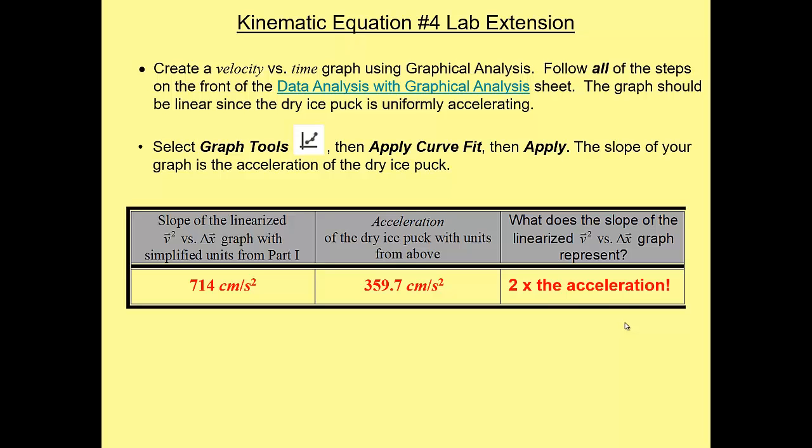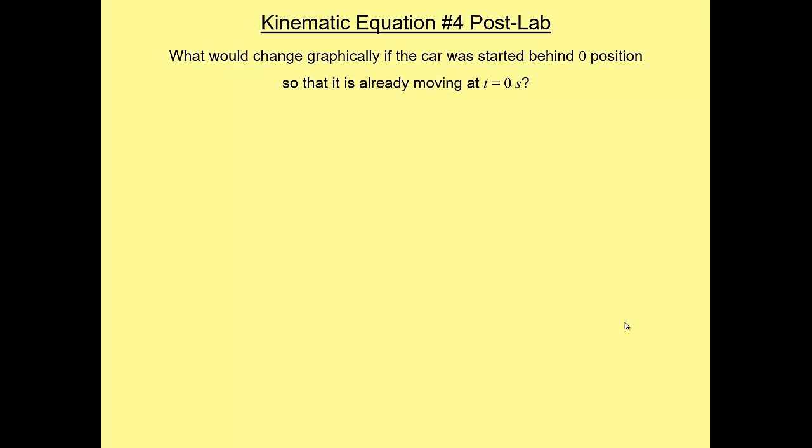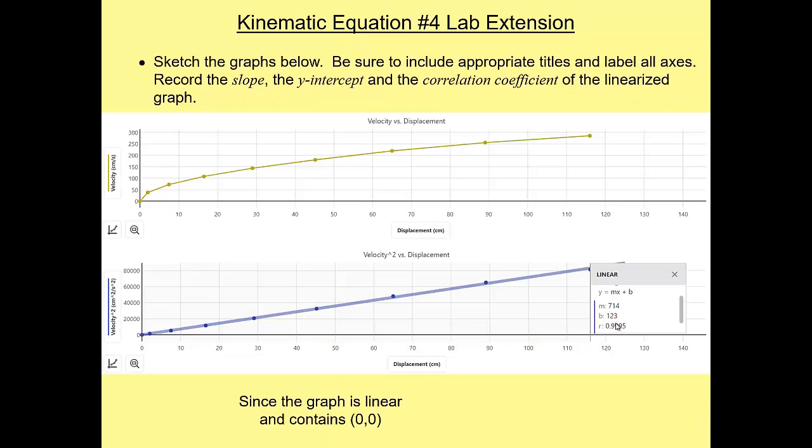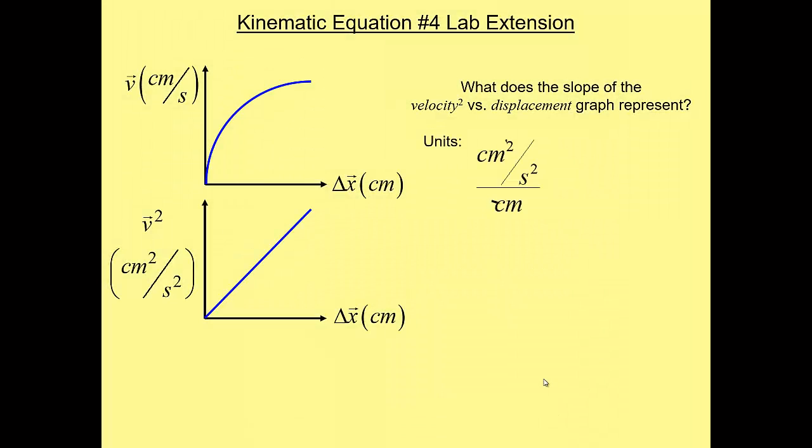Before I do that, I want to generalize a little bit. In our lab, we did this so that we had a 0 initial velocity. You started the timer right when you cut the wire that was connecting it.